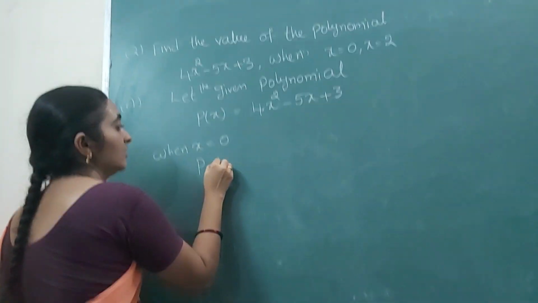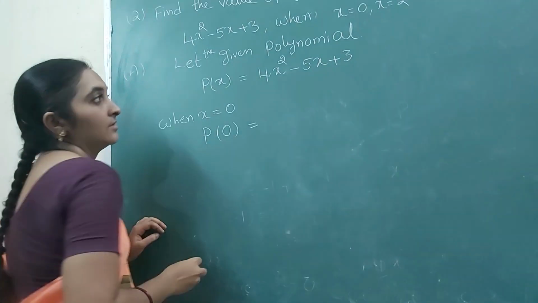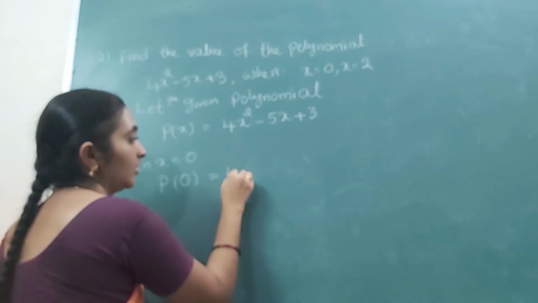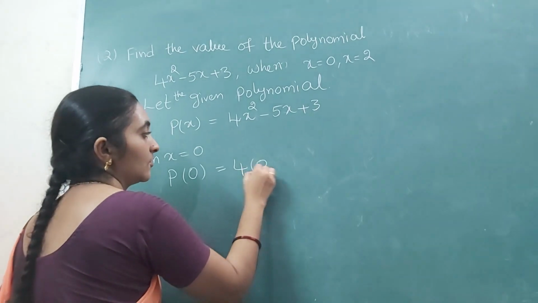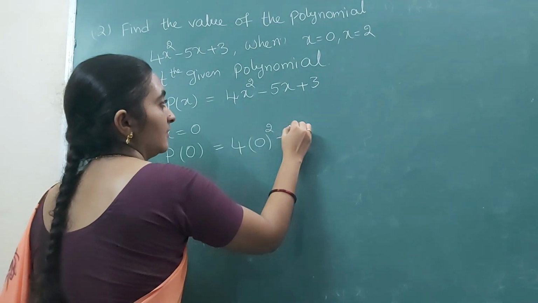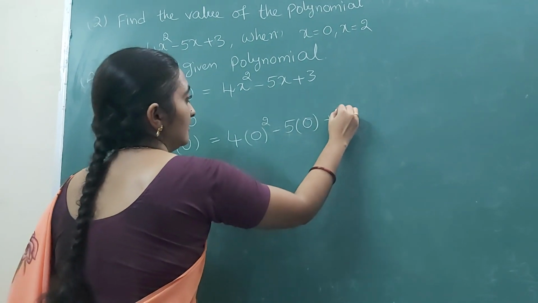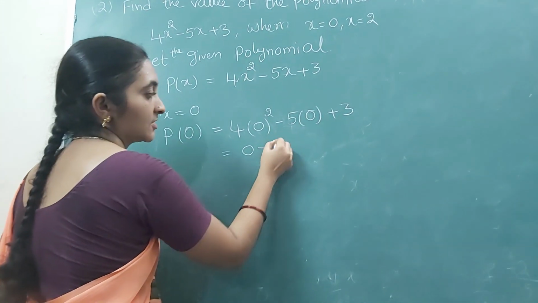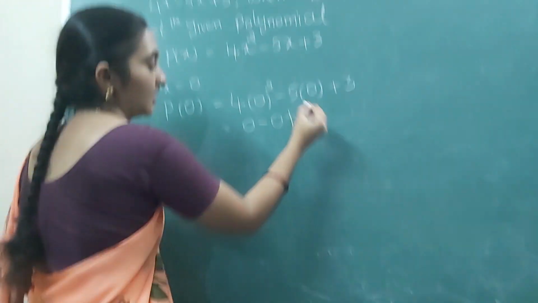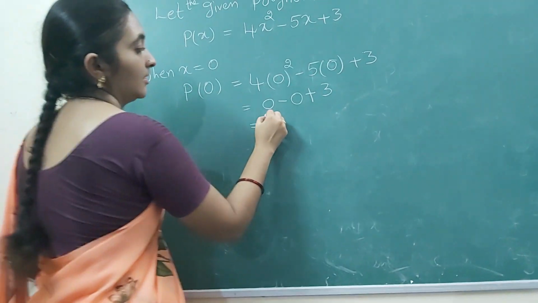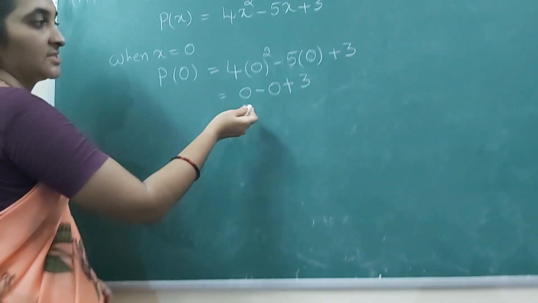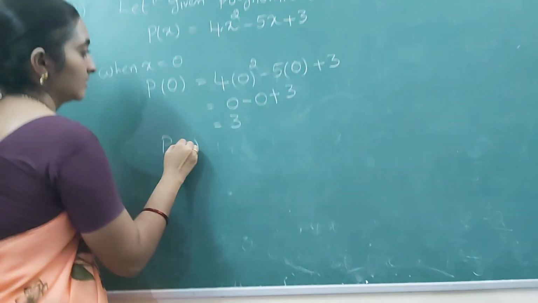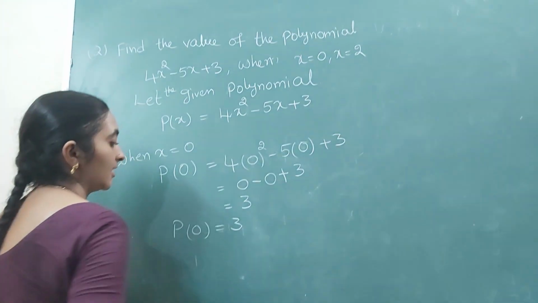Then p of 0 is equal to 4 into 0 square minus 5 into 0 plus 3. 4 into 0 is 0, minus 5 into 0 is 0, plus 3. 0 minus 0 means 0, so 0 plus 3 is 3. So p of 0 is 3.